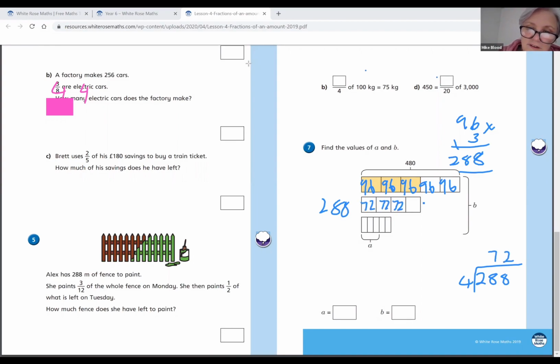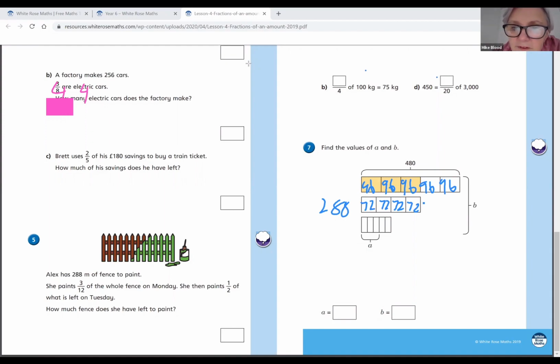And I've got a bit distracted there with police cars and such like, so I'm just going to explain that a little bit better. So I worked out what each of these bars were in this bit here, and it was 96, because 5 of them were 480. So I did 480 divided by 5 gave me 96 for each of those bars.